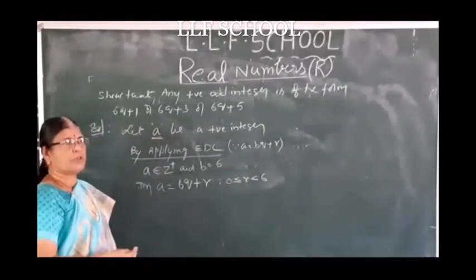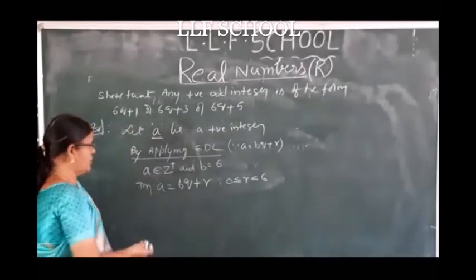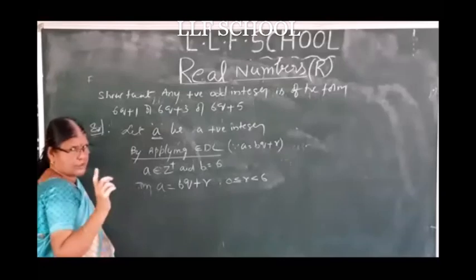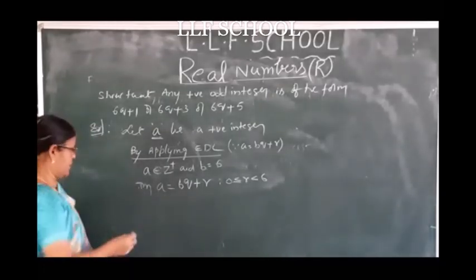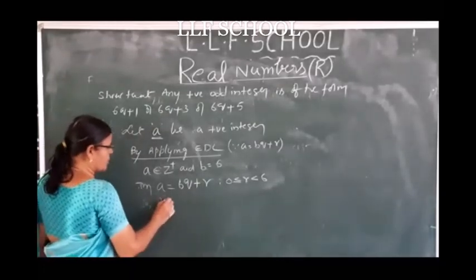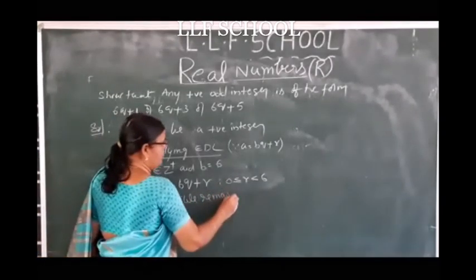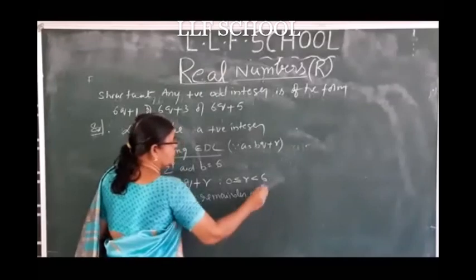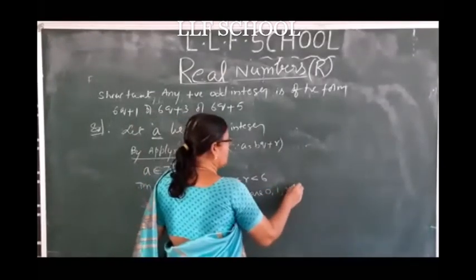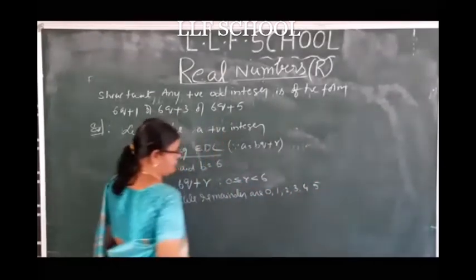Less than 6, that means 0 to 5. They are the possible remainders. So the possible remainders are 0, 1, 2, 3, 4, 5.